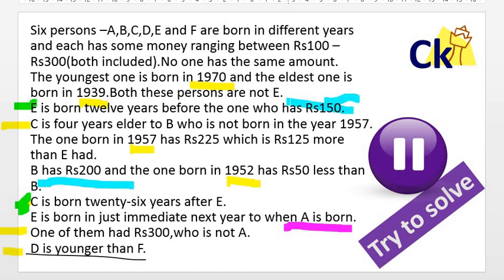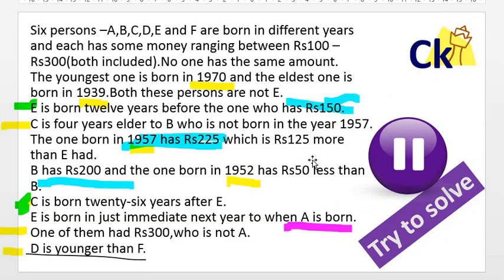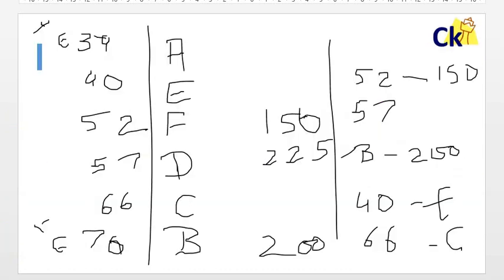The one born in 1957 has 225 rupees. Okay, we will place this also, 1957, 225. Now let's see, which is 125 more than E had, so E must have 100 rupees.